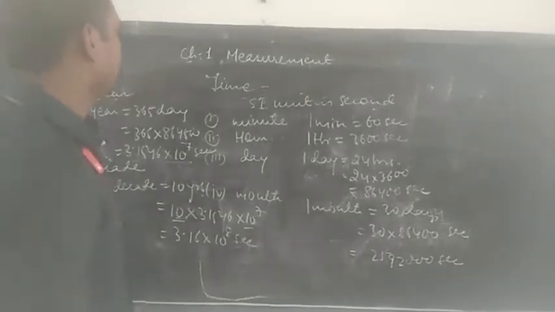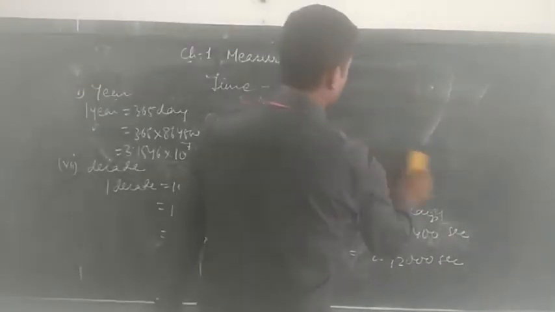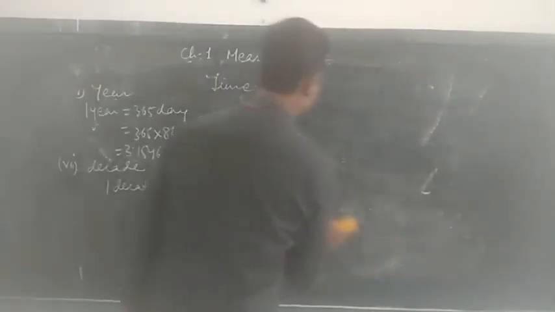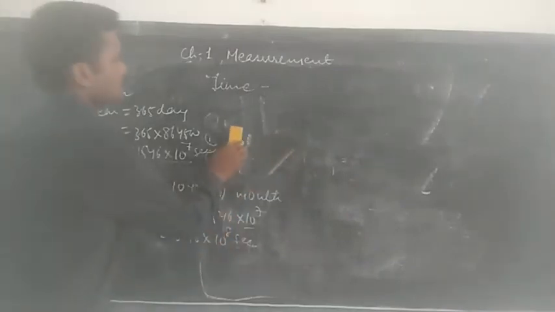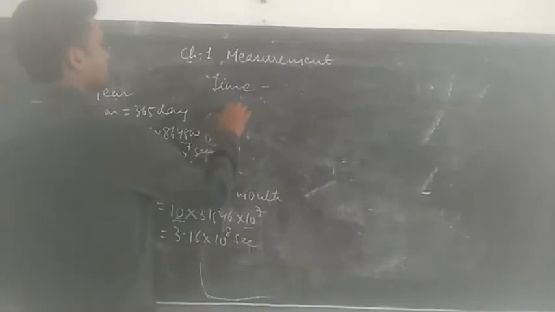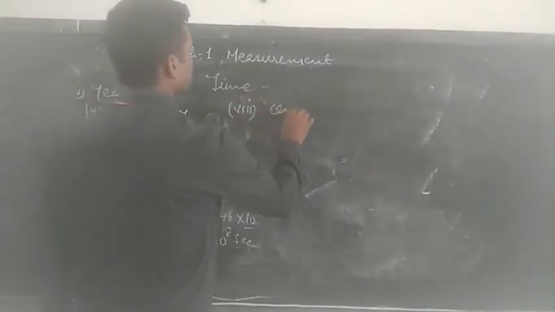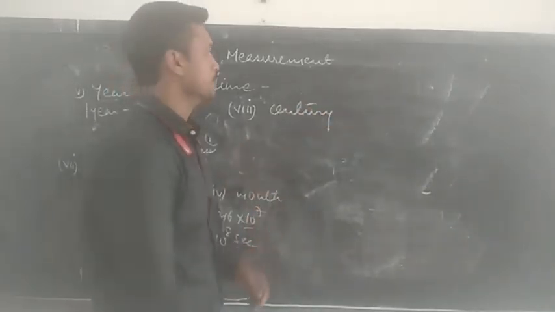Same way, we can also see century, number 8. Century is a period of 100 years.